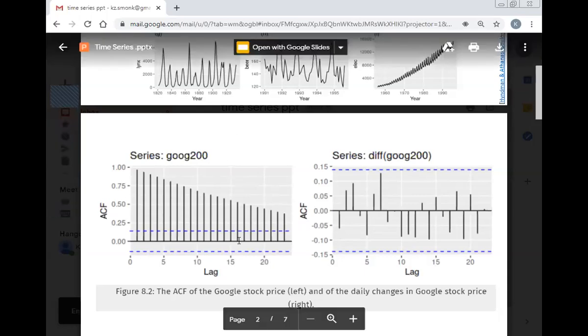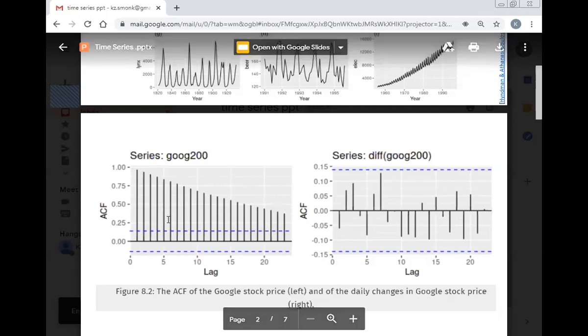Before going into how I can detrend my data, let us have another look at deciding whether a model is stationary or not. So what you can do is you can plot the ACF. So these are my correlograms.